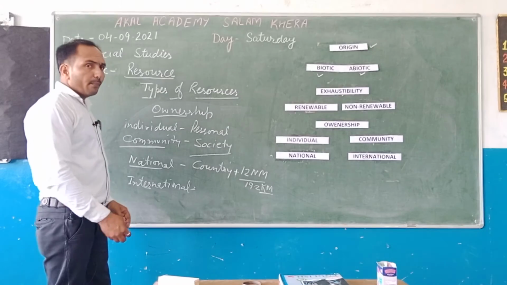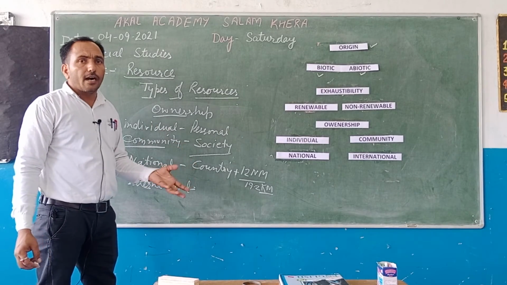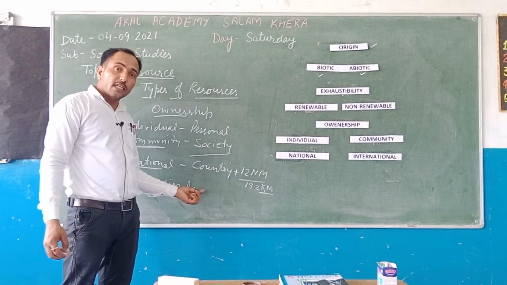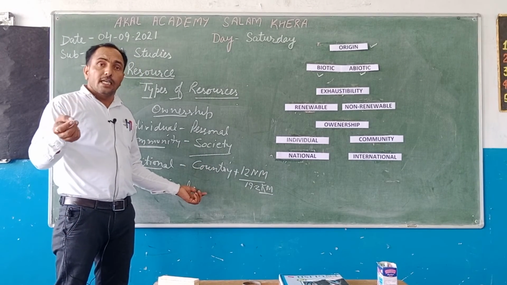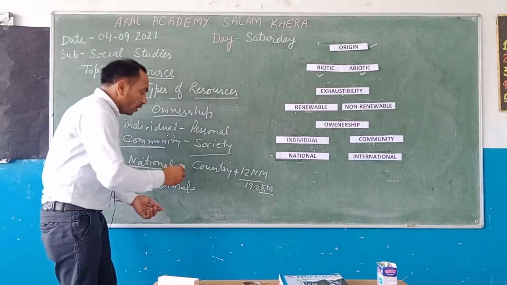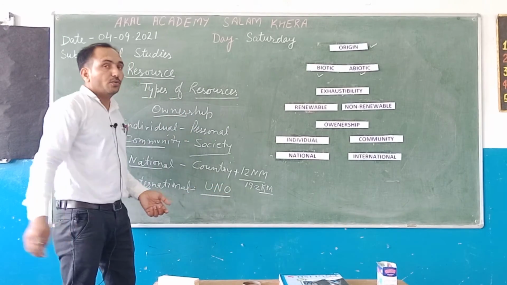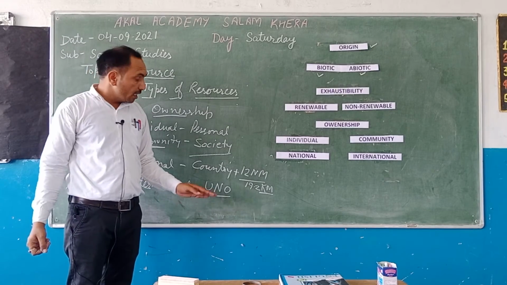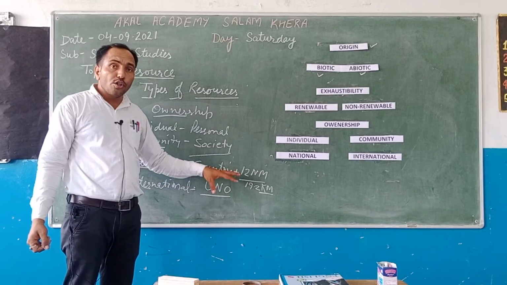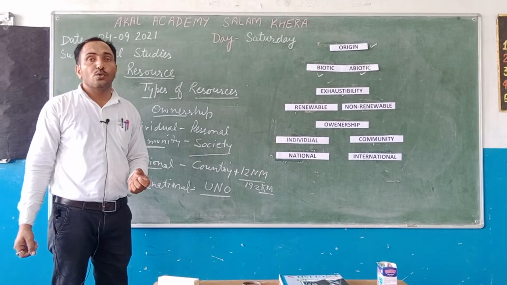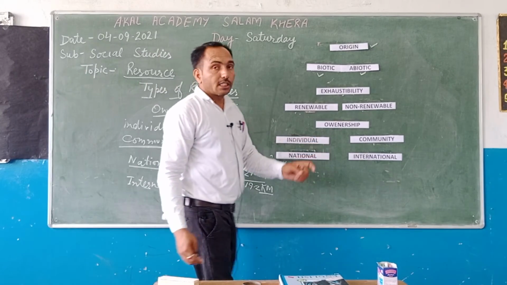We can give the example of Antarctica. Antarctica is a continent. No country can say that the resources found there are mine. So here the United Nations Organization is the owner of this resource. With its permission, we can utilize those resources. Those are the international resources.